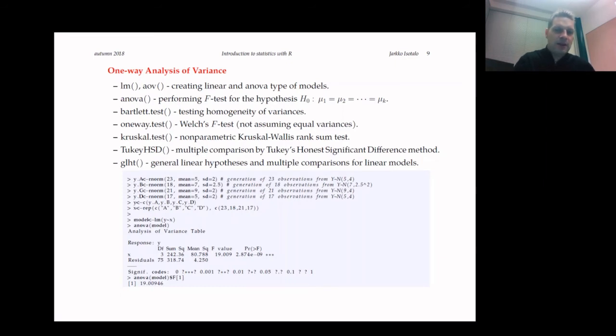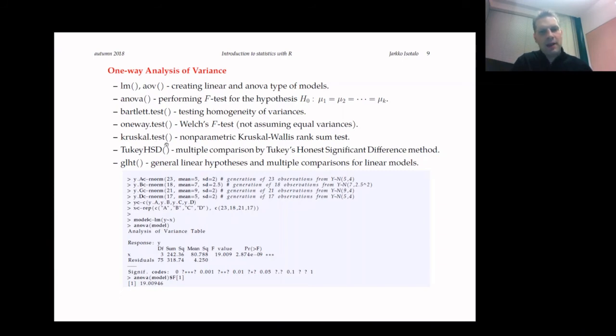So we need some methods to take into account the fact that we are looking in many directions, and that's why multiple hypothesis testing corrections need to be done. And one method of doing that correction is called Tukey's honest significant difference method.